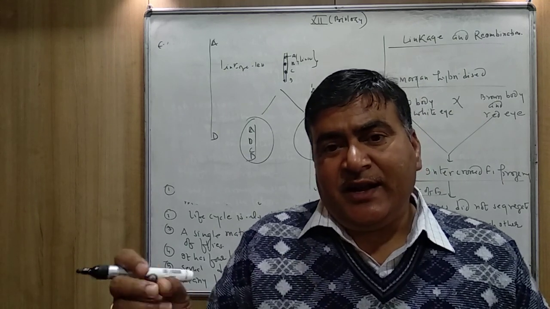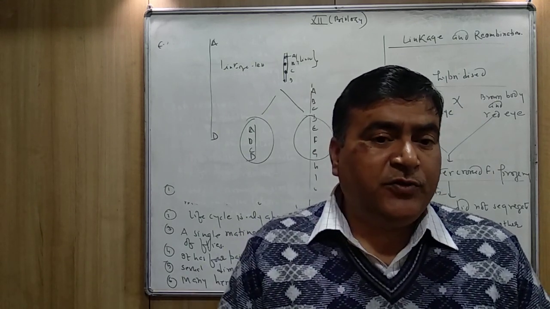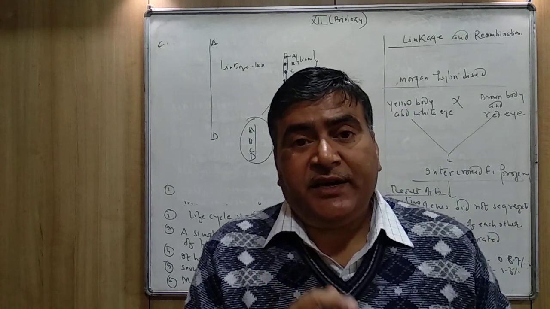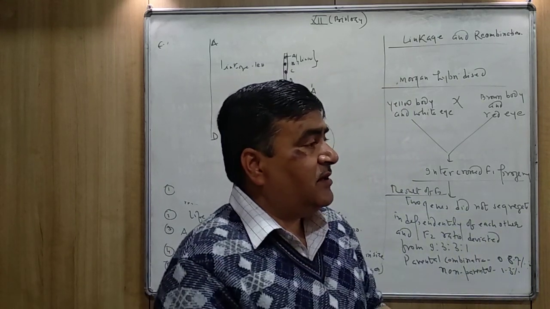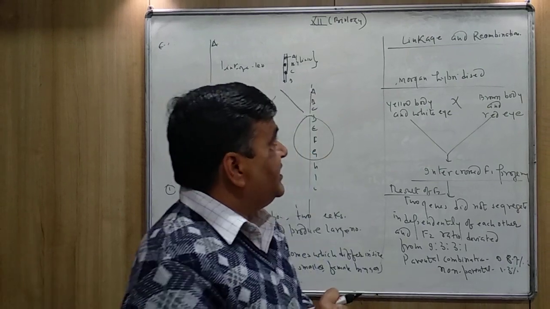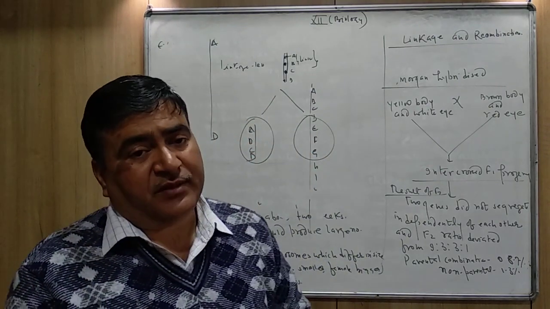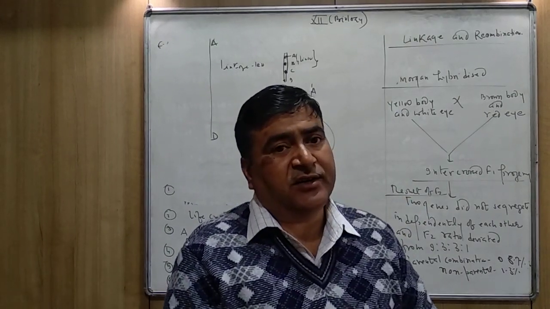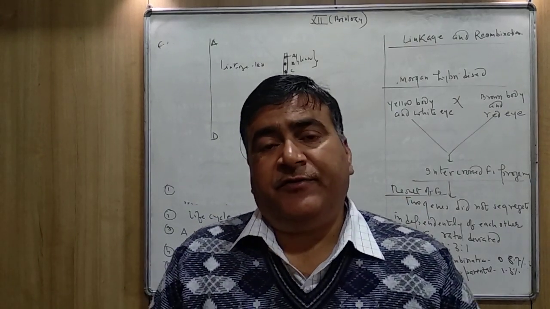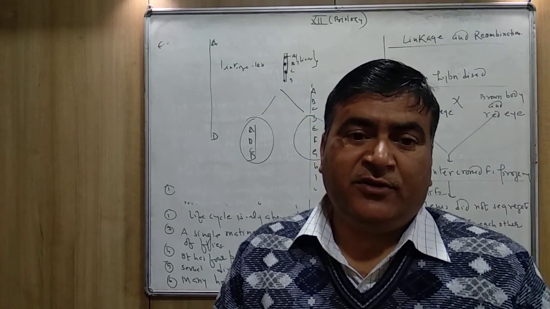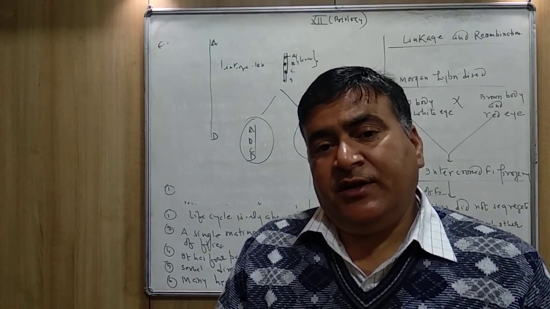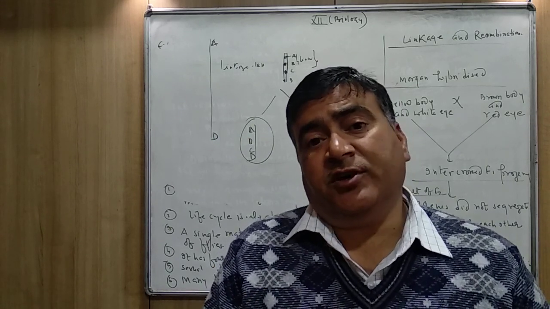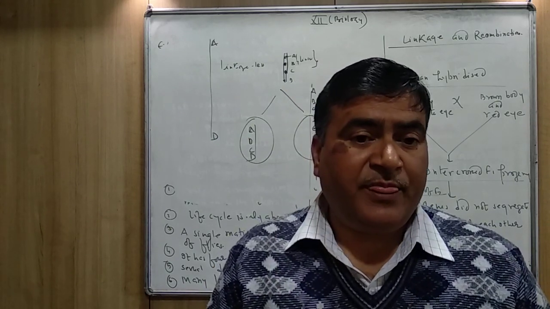So linkage and recombination are opposite to each other, and because of the linkage, T.H. Morgan, when he made the dihybrid cross in Drosophila, got a dihybrid ratio different from the ratio obtained by Mendel.